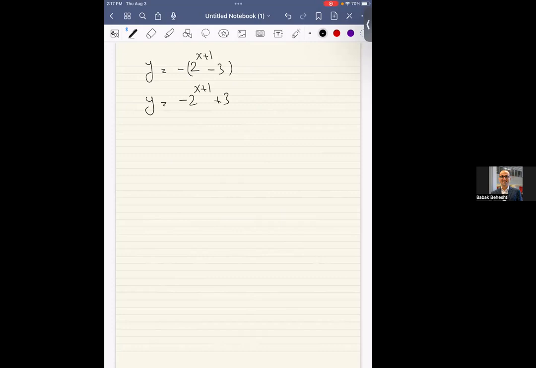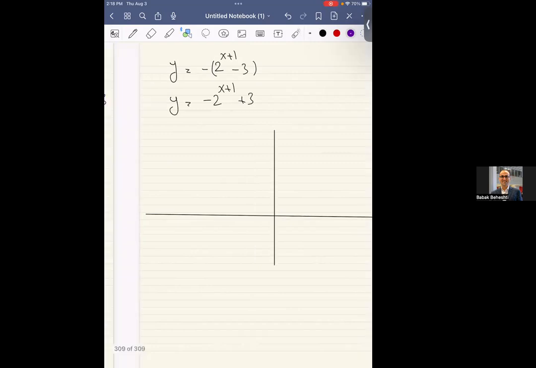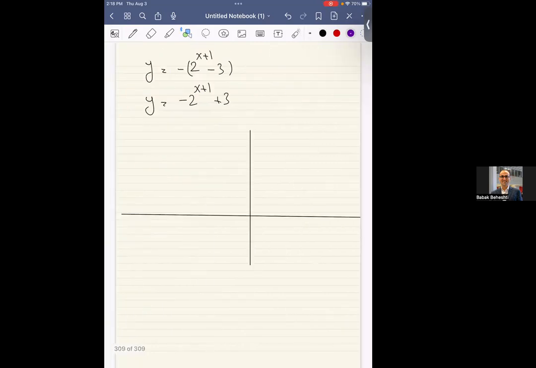So let's try to draw the graph of this. It's a reflection around the x-axis. So let me first draw the original graph. So the original was like this.